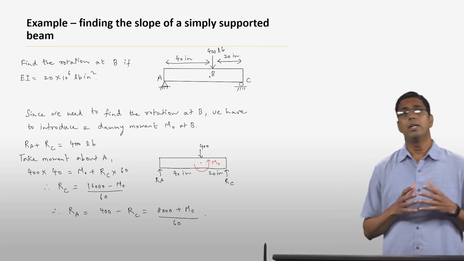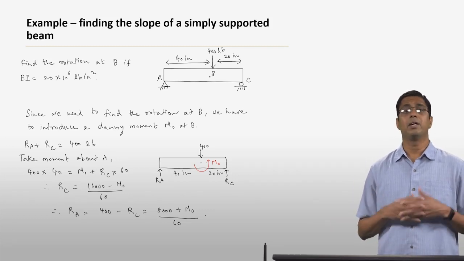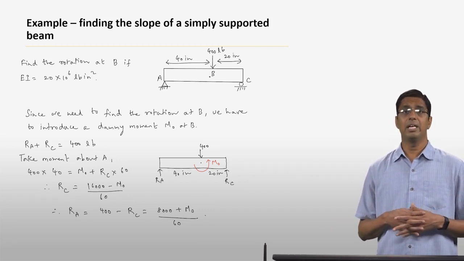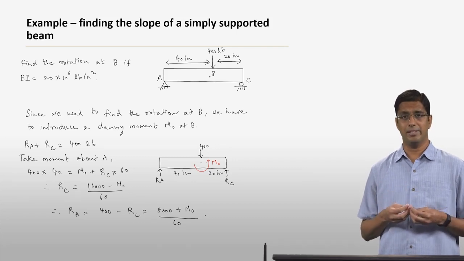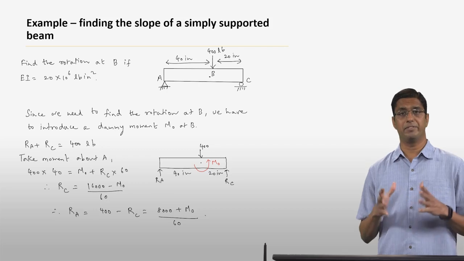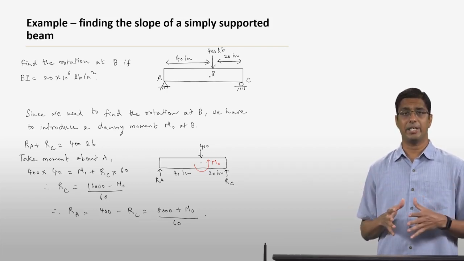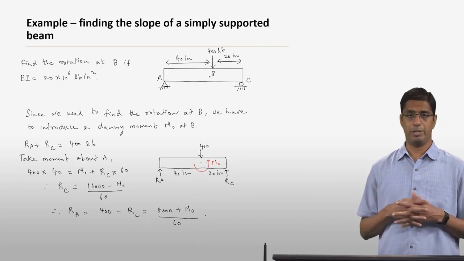Now, we have to find the reactions RA and RC. To find these reactions, we essentially have to also consider this moment m0. Even though this moment is a dummy moment or a fictitious moment, for calculating RA and RC, we have to take into account m0 along with the 400-pound force.